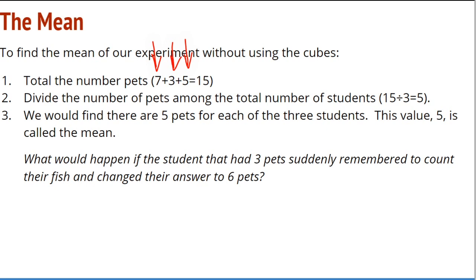So pause for a moment and reflect upon this question. What would happen if the student that had 3 pets suddenly remembered to count their fish? Oh, I forgot, I've got fish. I don't have 3 pets, I have 6 pets. What would happen to the mean in that case?